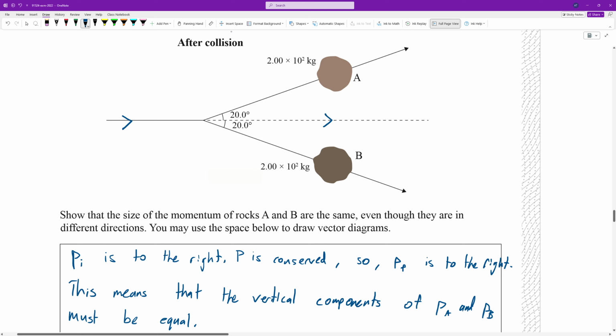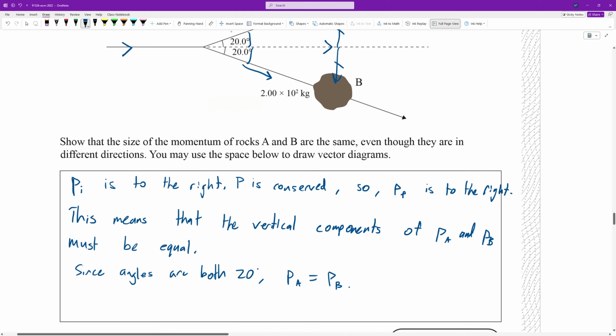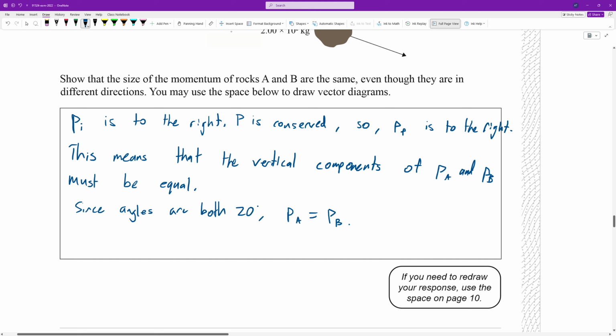Now A and B are going at angles off of the right, which means their vertical parts, so the up and the down parts of their momentum, must be equal. And since it's symmetrical, since they're both at 20 degrees, it means their individual momentums must be the same. All right, and that is a merit question.